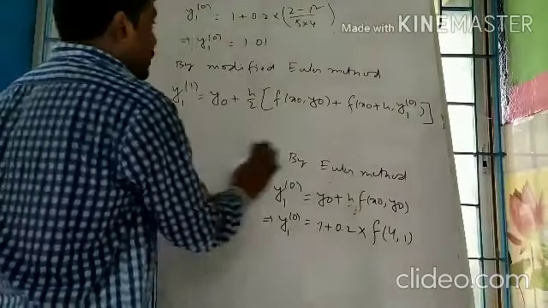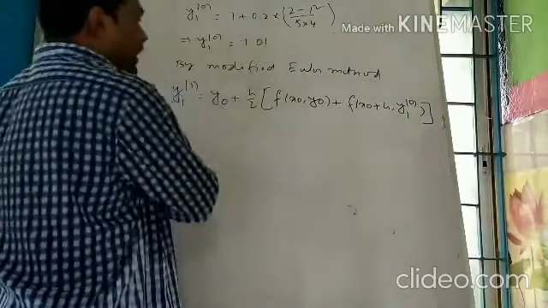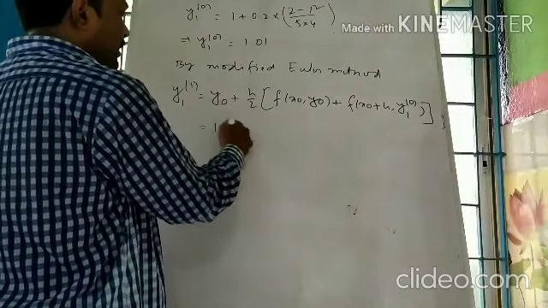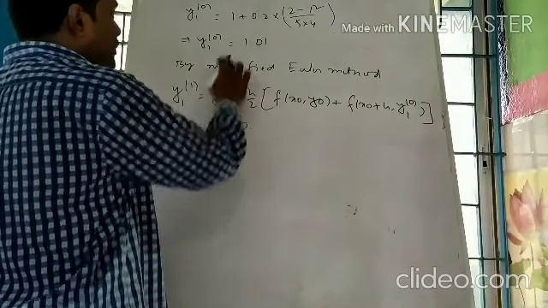Okay. Now y10 is 1.01. So put y0 is 1, but y10 is 1.01.